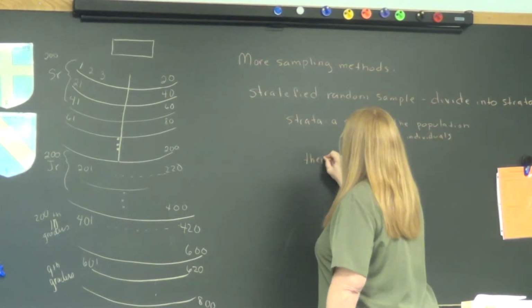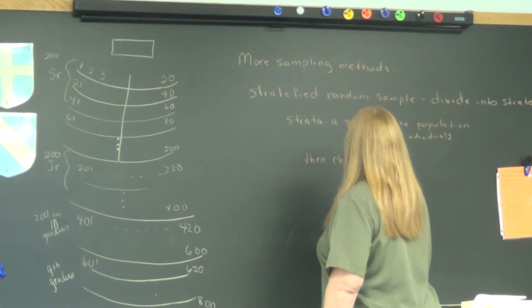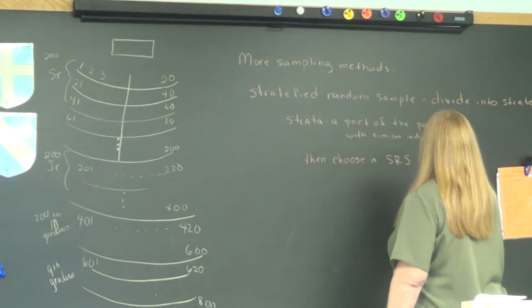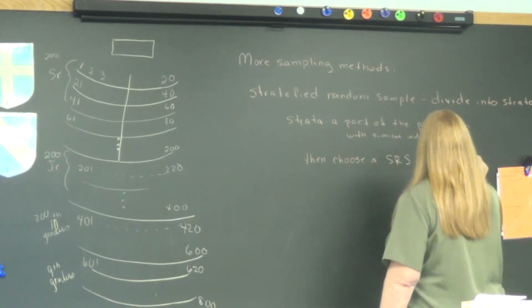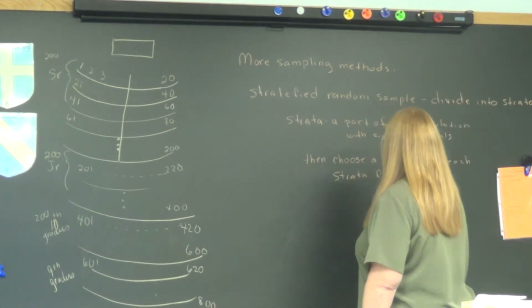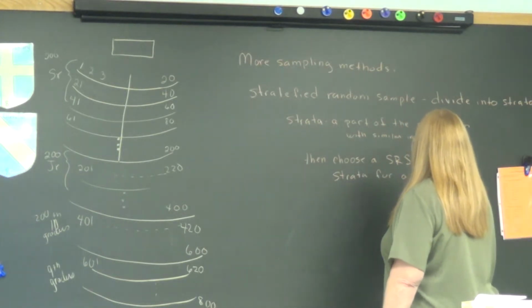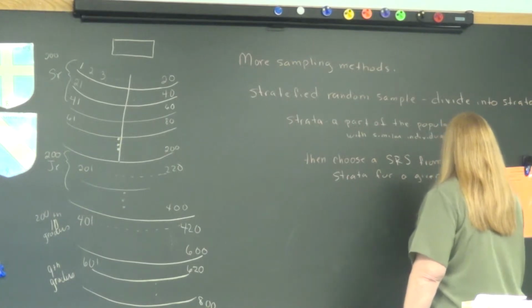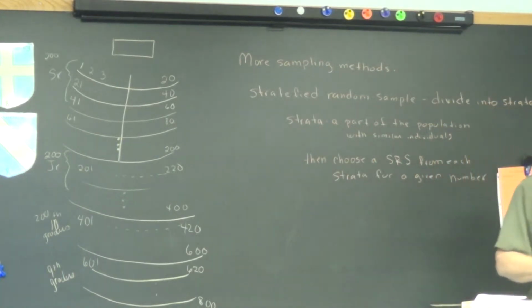Then choose a simple random sample from each strata for a given number. So maybe you want 5 out of each strata, or maybe 2, or 100 out of each strata, depending on the problem.